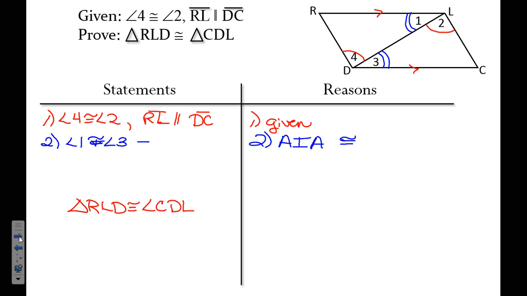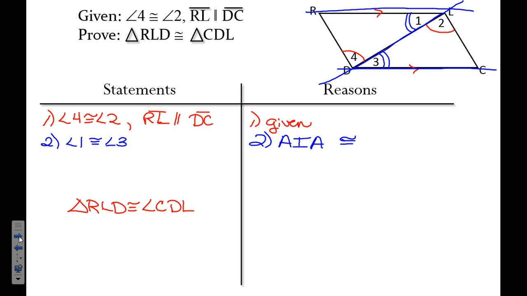And if you want to abbreviate that by AIA, that's perfectly fine. Two parallel lines cut by a transversal. They are on the inside of those parallel lines. They're on opposite sides of the transversal. They're alternate interior angles from last chapter.